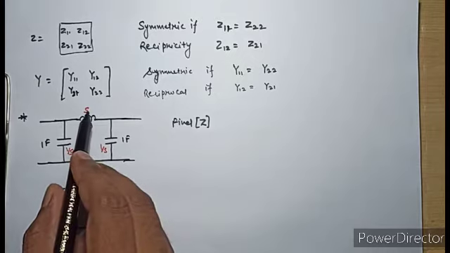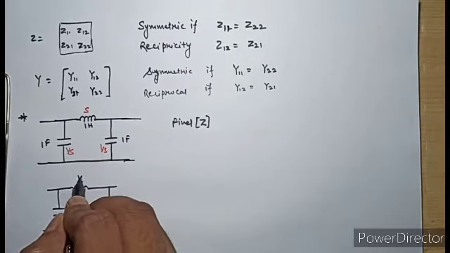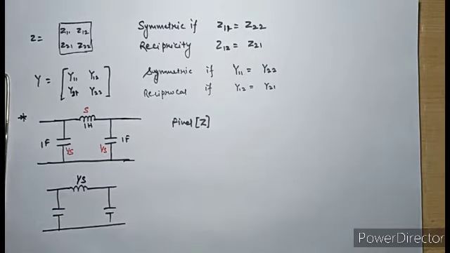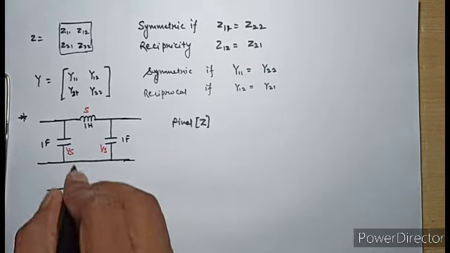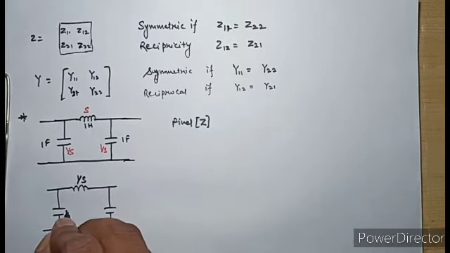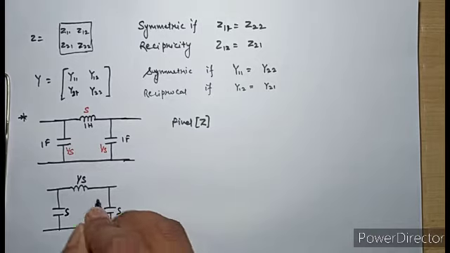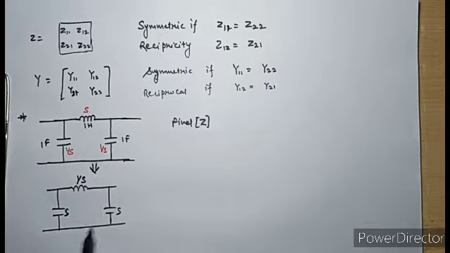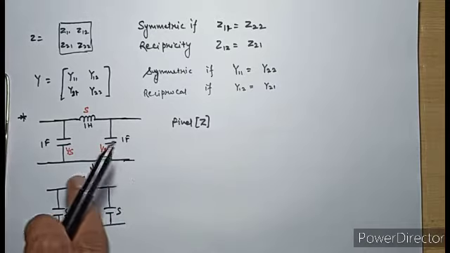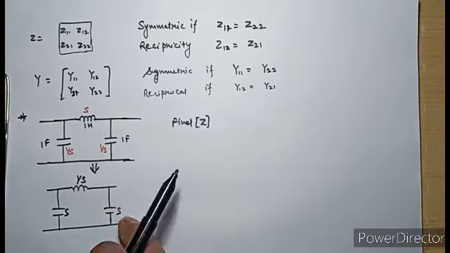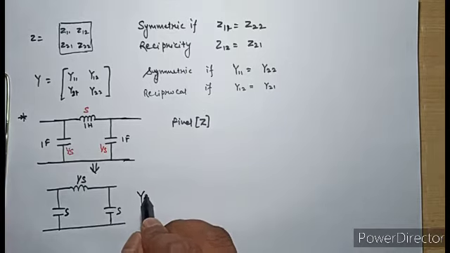Now this S is impedance. If it gets converted to admittance, it will be 1 by S, and this 1 by S will become S, and this will be S. Right. Now this is in admittance form and pi model, a standard network. So its Y parameter can be written easily.